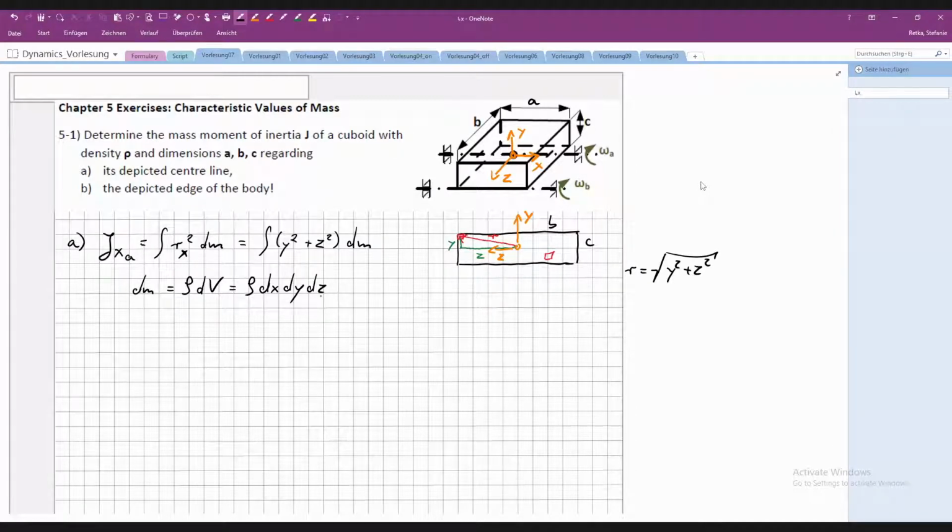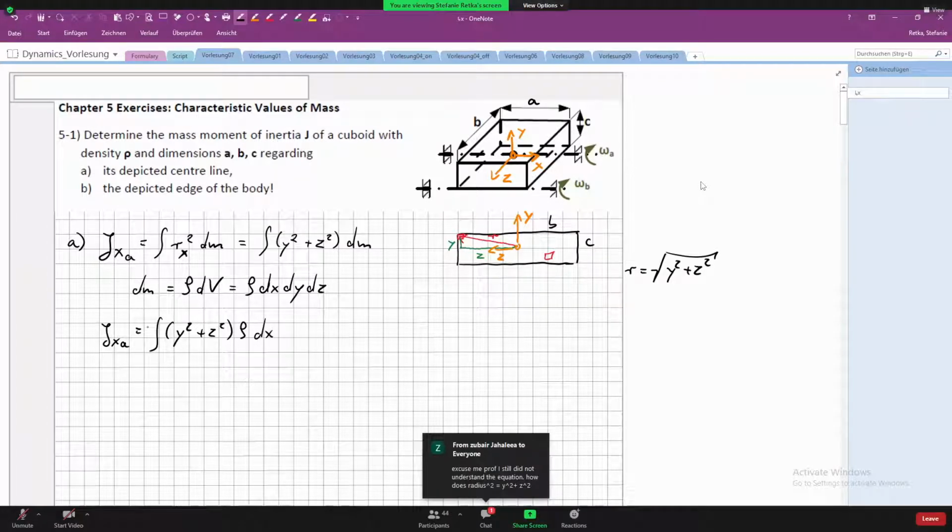Now, if we substitute this into our equation, we obtain y square plus z square times rho times dx dy and dz.